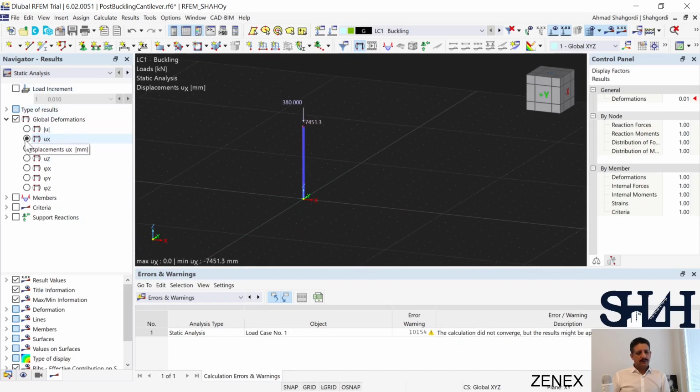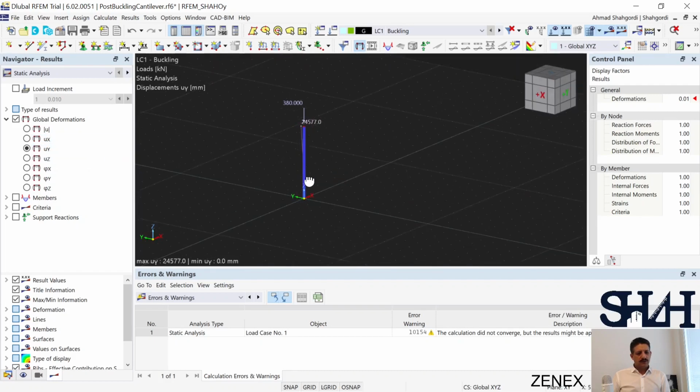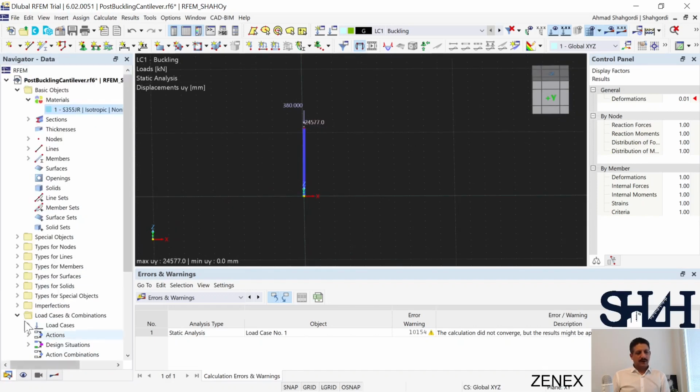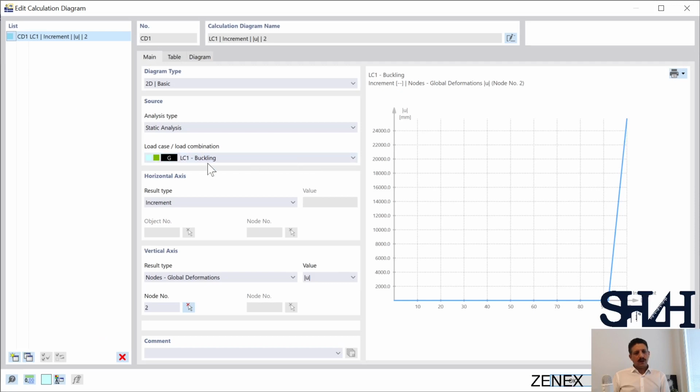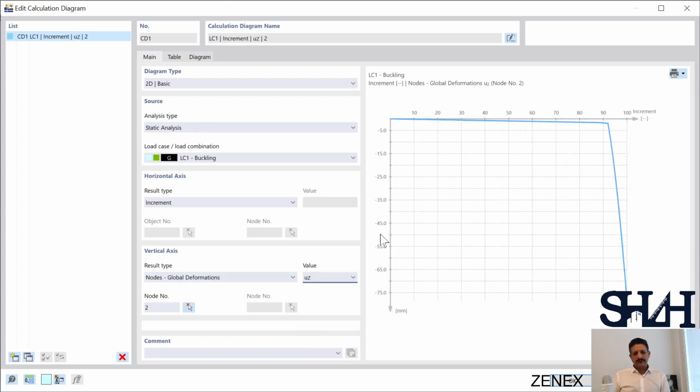Here you can see ux perhaps, or uy. So here we can see that uy is 24 meters. It's not happening. And here also, if we go to the calculation diagram for the static analysis, we can see that, for example, uz comes up to 1.9 millimeter, which is prior to the buckling.